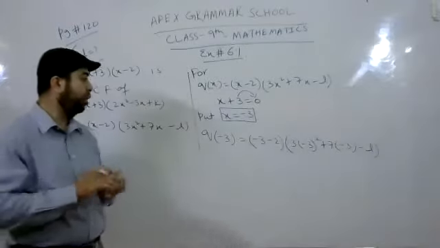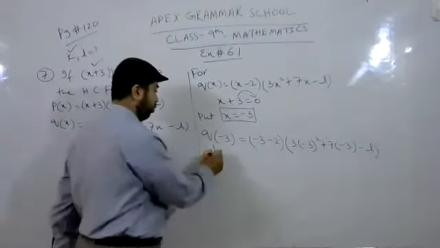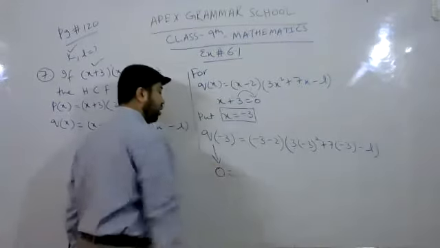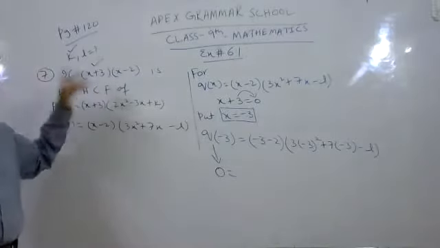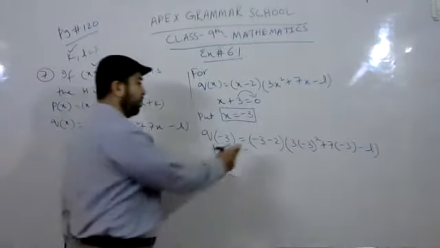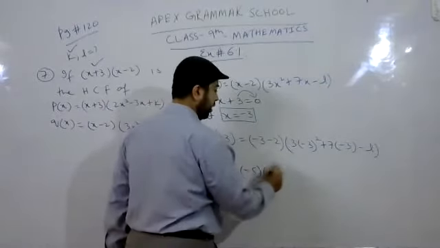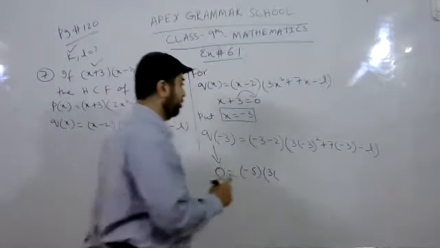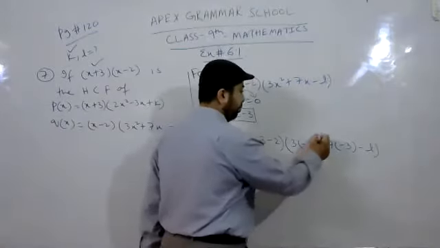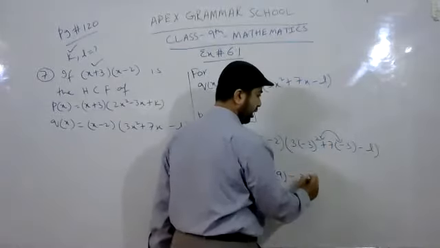Now, instead of q of minus 3, we are going to write here 0. This is 0 just because x plus 3 is the factor. So minus 3 and minus 2, that is minus 5. 3 into minus 3 square means positive 9, plus into minus is minus, so 7 into 3 is 21, 9 minus 21.